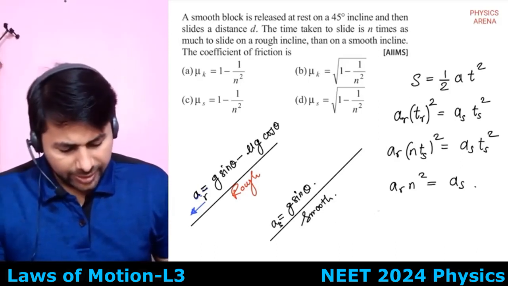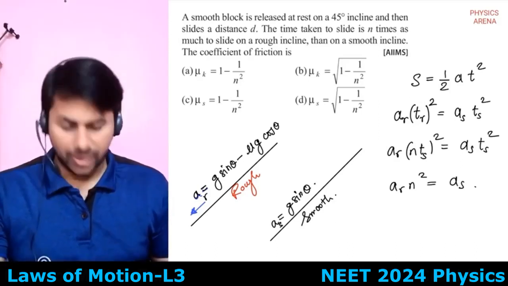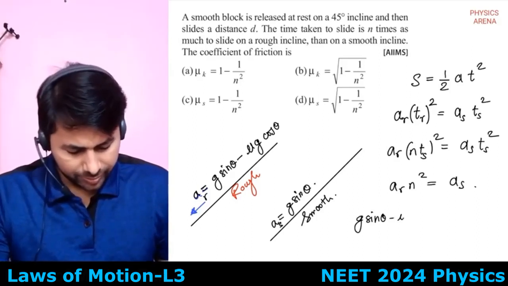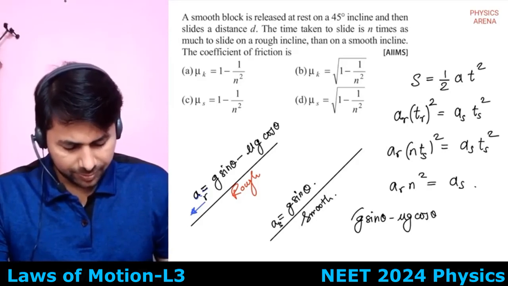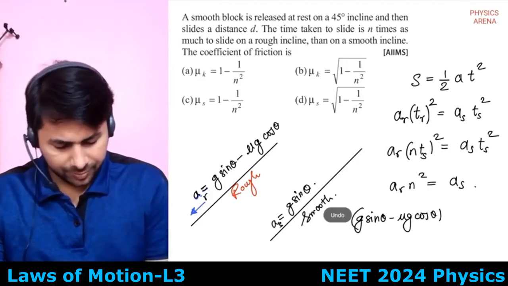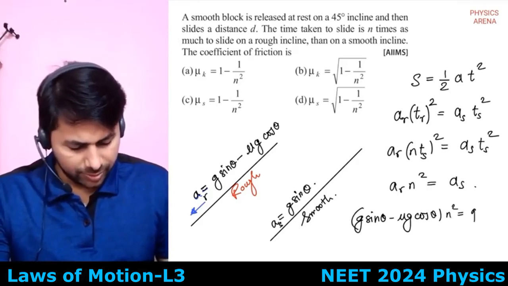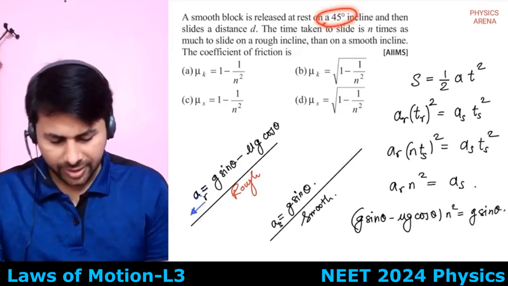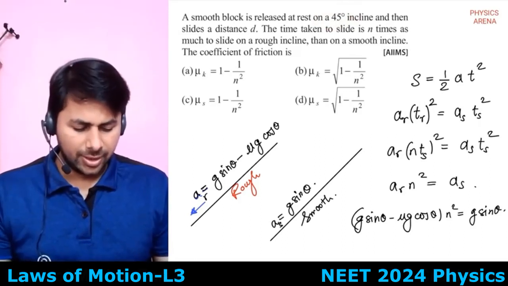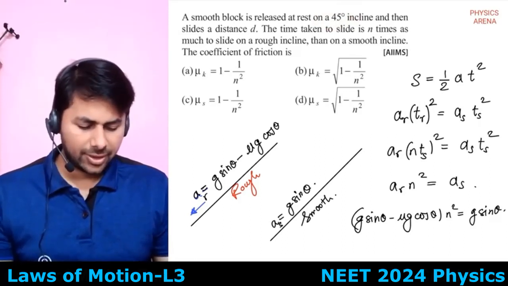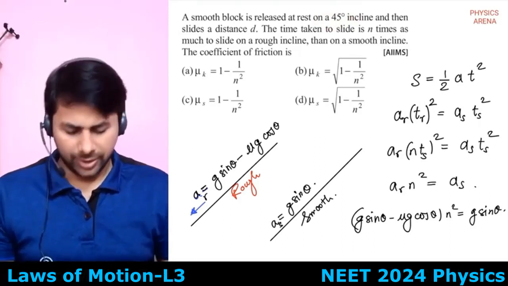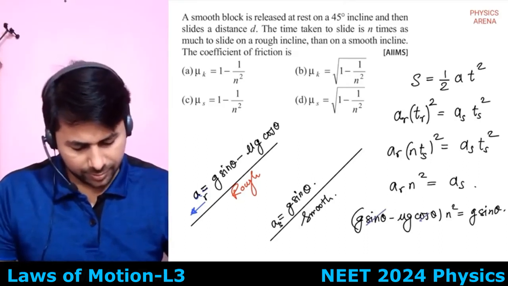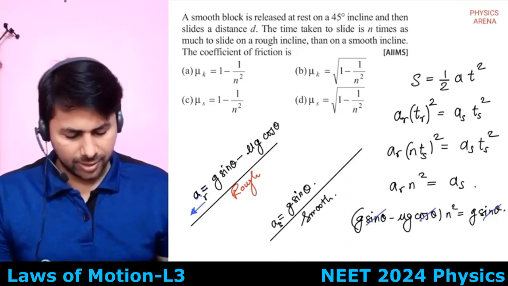So here I can say g sine theta minus mu g cos theta, into n square, is equal to g sine theta. And how much is theta? Theta is given to be 45 degrees, so sine theta and cos theta are equal. You can just cancel them out.